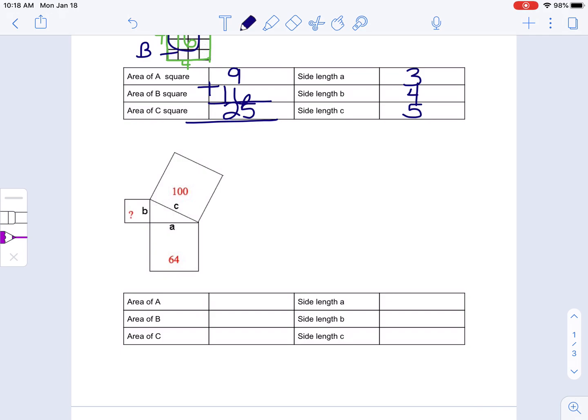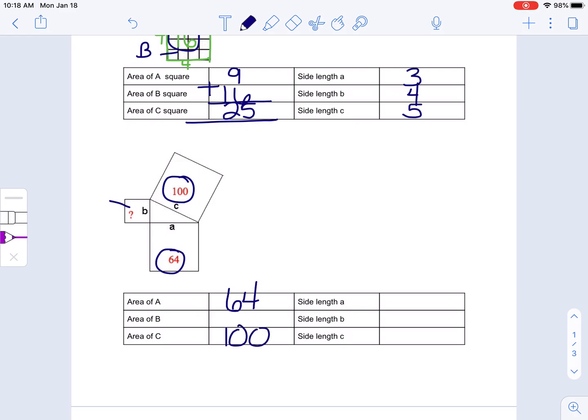So let's look at this. The area of A, they give us, is 64 square units. And we want to find the area of square B. We don't know that. They do give us the area of square C, which is 100.